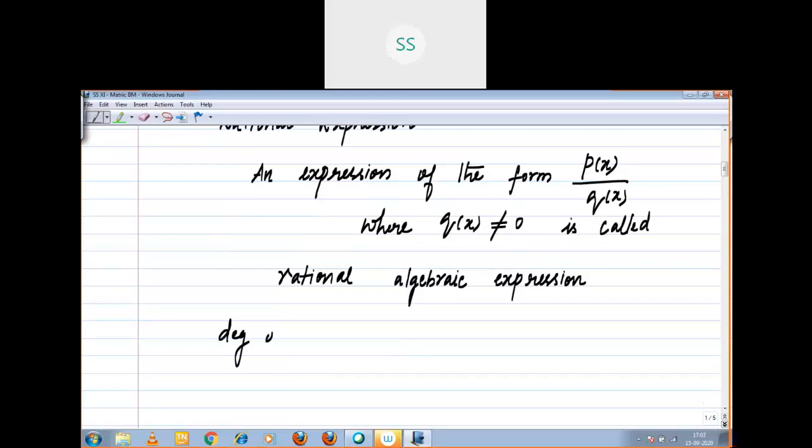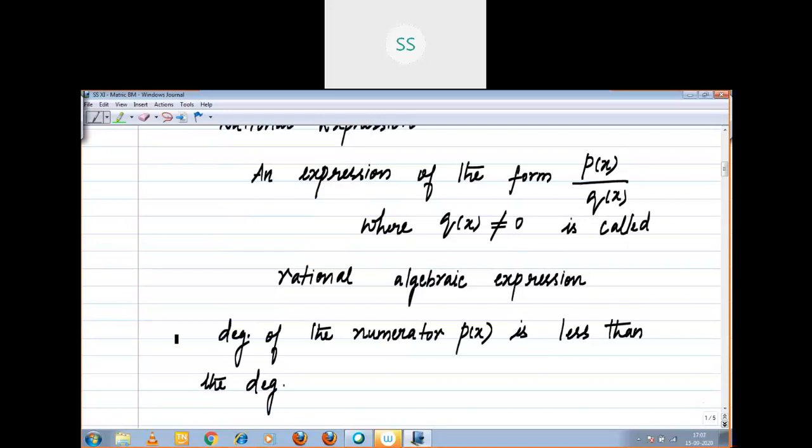The degree of the numerator, that is p of x, which comes under the function of polynomial, is less than the degree of the denominator.